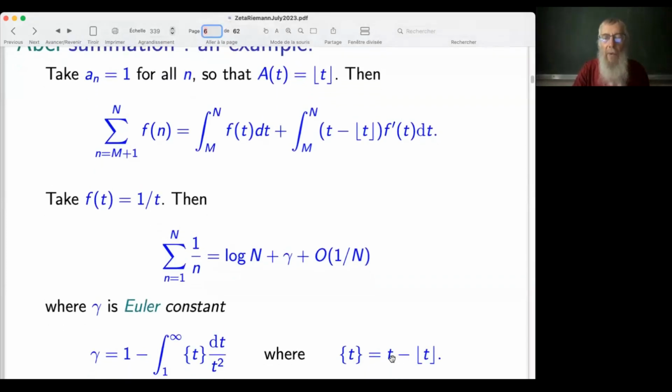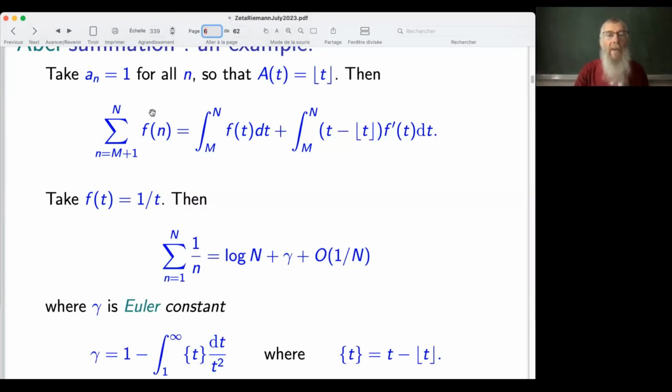Any real number t can be written as an integer plus the remainder, the fractional part, which is {t} with curly brackets, where {t} is greater than or equal to 0 and less than 1. So this [t] is the largest integer which is less than t. And then you use this formula.